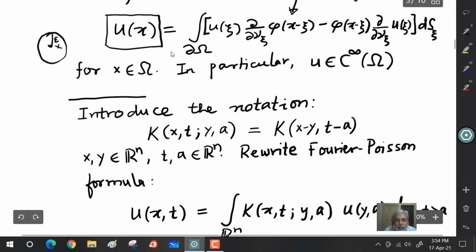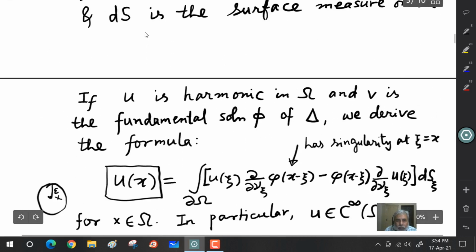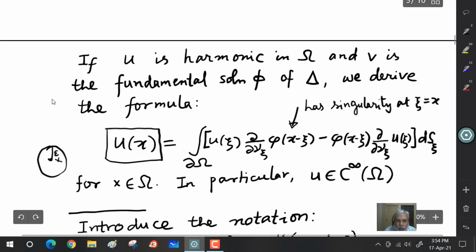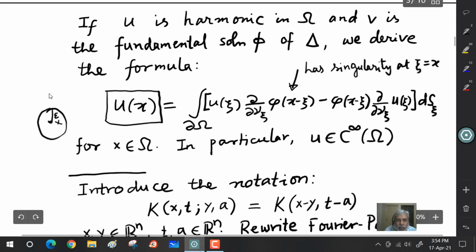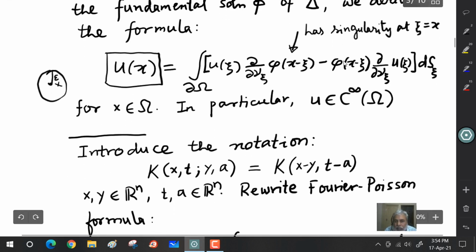For example, here, harmonic means just Laplacian u equal to 0, and that requires only a C2 function, but this formula gives us that u is a C infinity function. Okay, and this is because phi is a C infinity function. Of course there is some singularity.